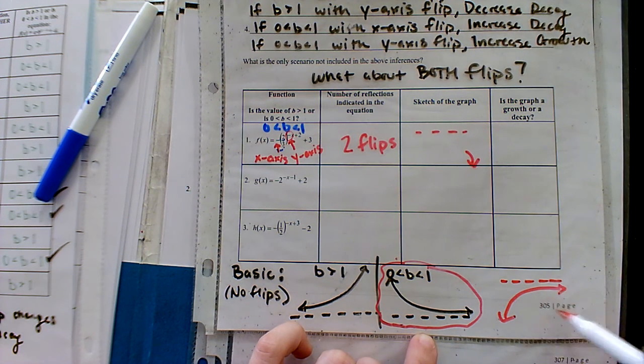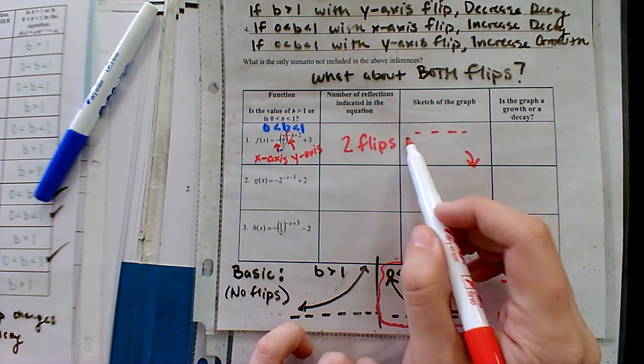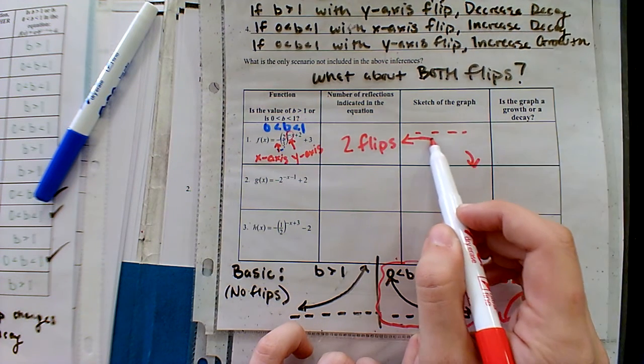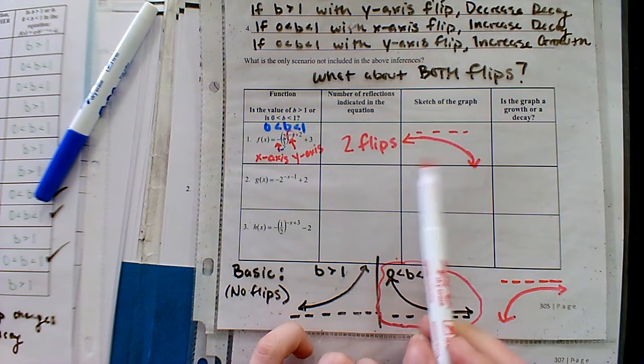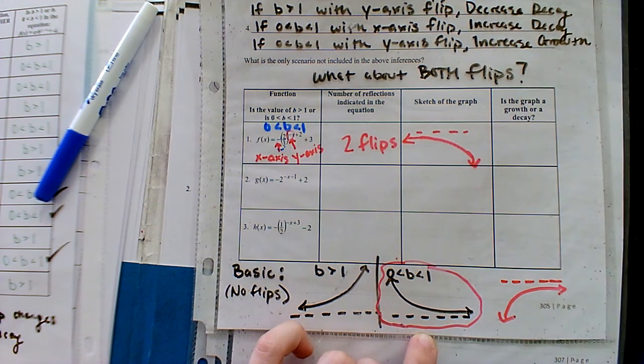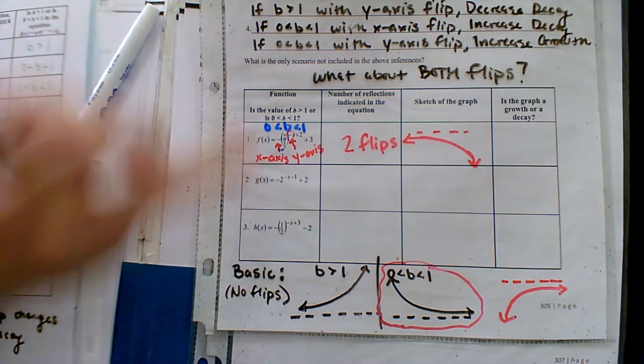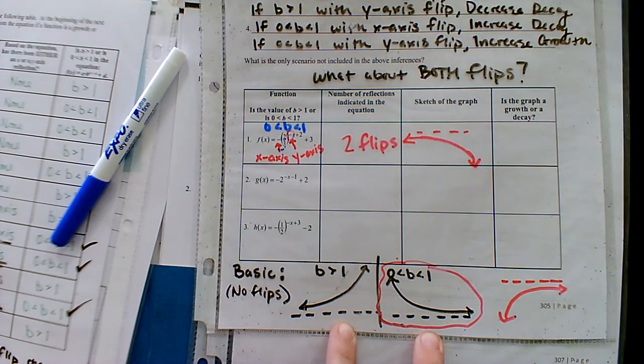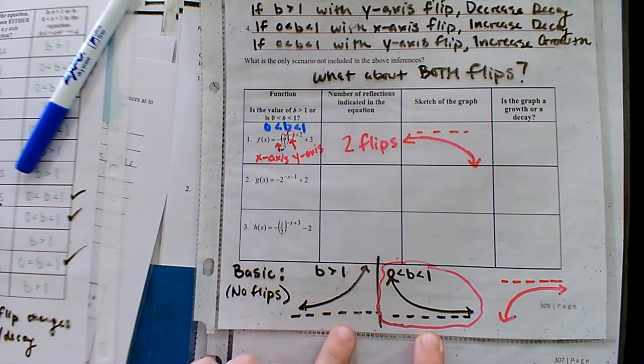And this right side that approaches the asymptote should now be on the left. So if I kind of connect those 2 ideas, I can create my final graph. So the base value is cluing us into what we're starting with in terms of our basic picture, but the flips are telling us how to change it in the end.